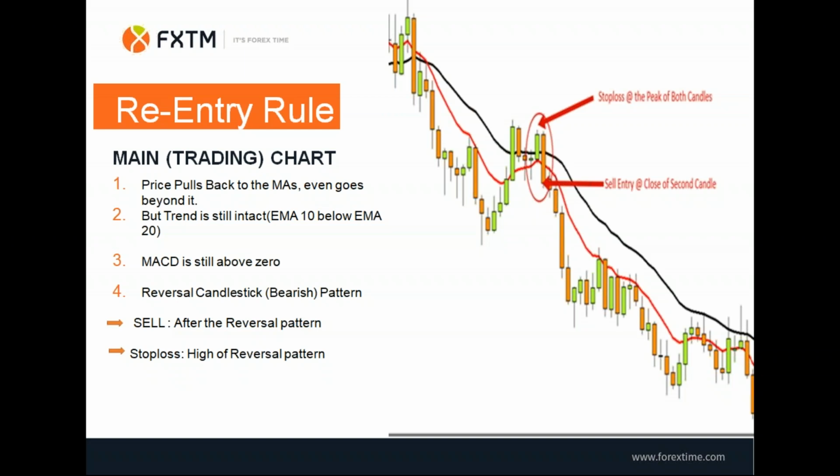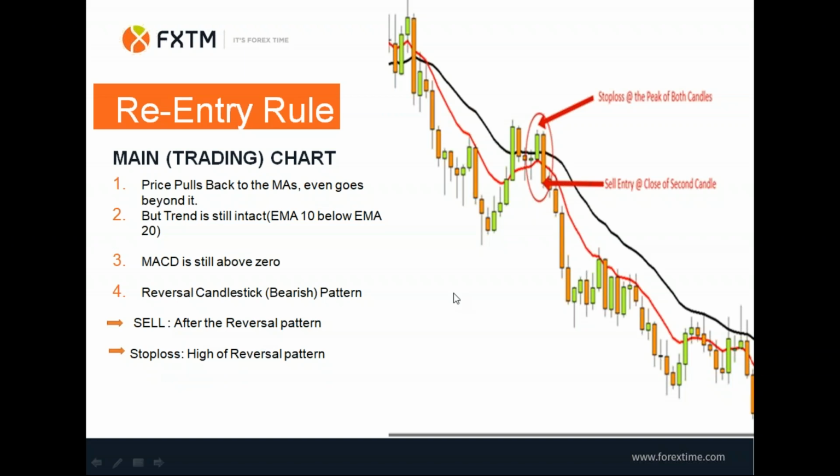Like an engulfing. I'm using engulfing because some of those patterns look like engulfing, but they are not all engulfings. So you sell after the reversal pattern, and your stop loss will be the highest of the reversal pattern. You look at the two candles, whichever has the highest price, that will be your stop loss.